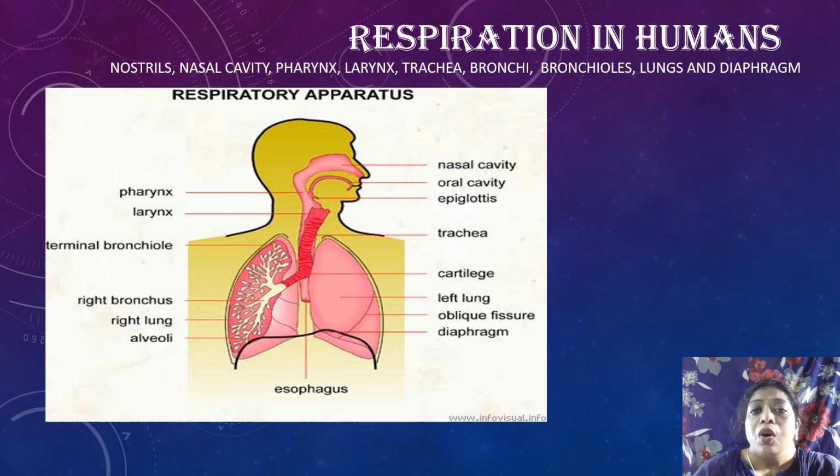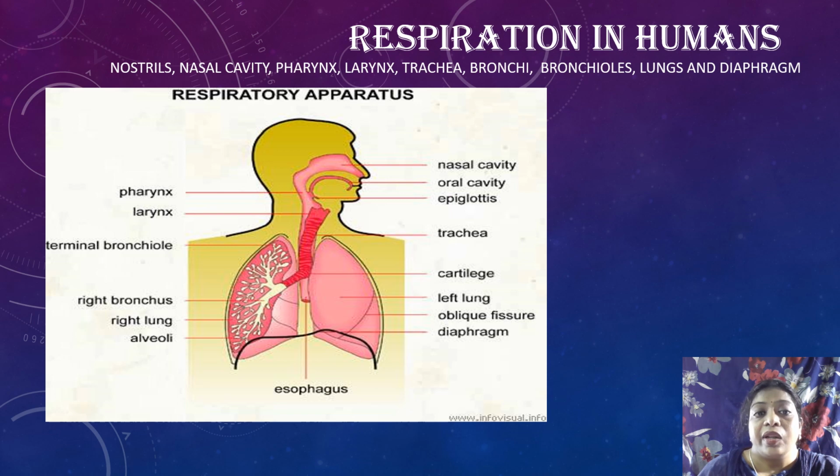Before we get into the topic, first you must know the associated organs of respiration. What are the organs associated with this process? As the picture slide shows, the first one is our nostrils. The air enters through the nostrils.